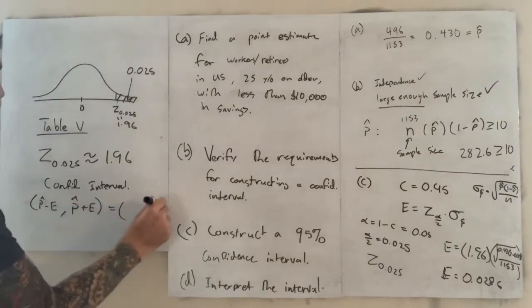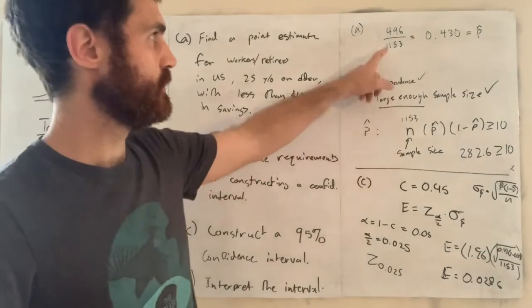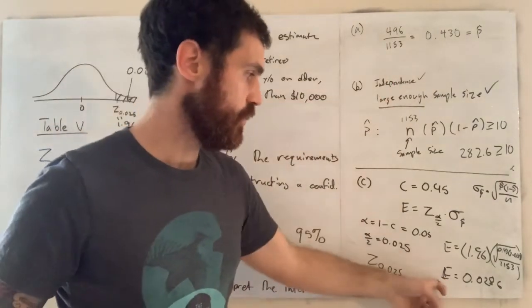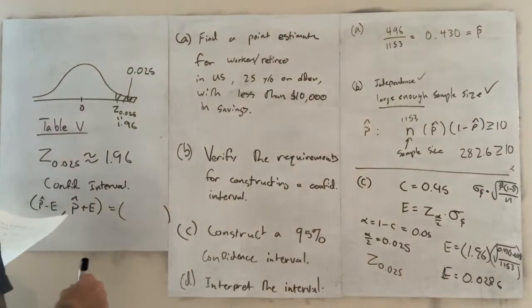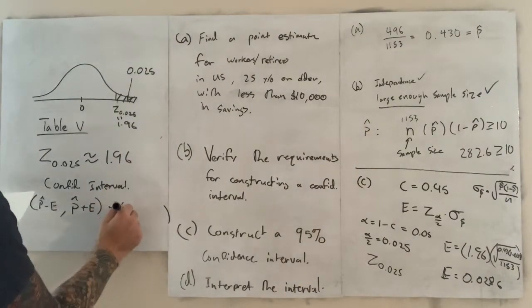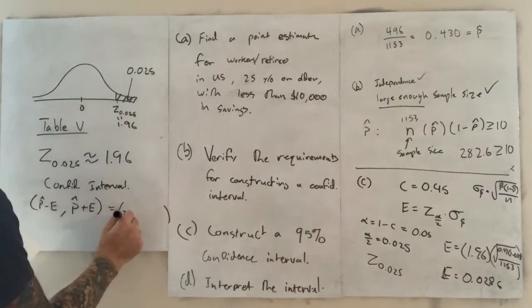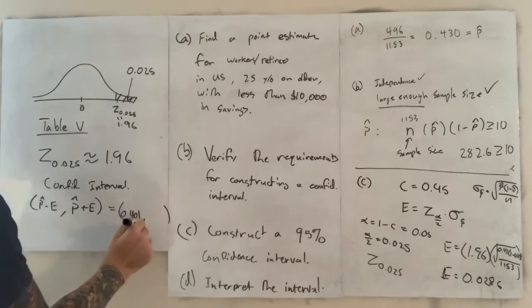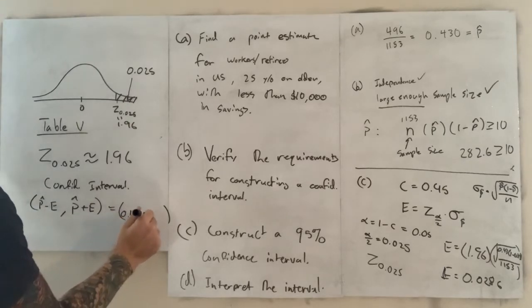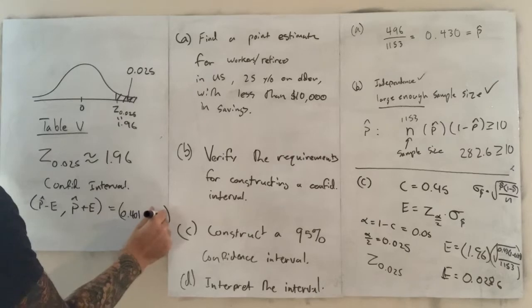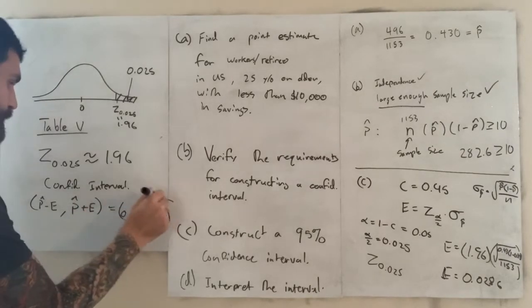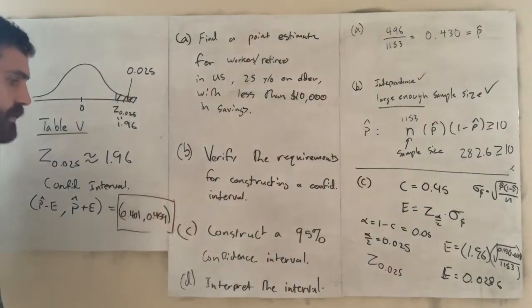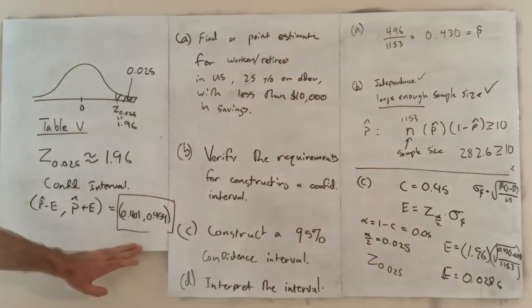And so if you use the point estimate that you found and this error that you found, what you'll get is 0.401 to 0.459. And I've rounded it to 3 significant figures. So that's going to be the confidence interval.